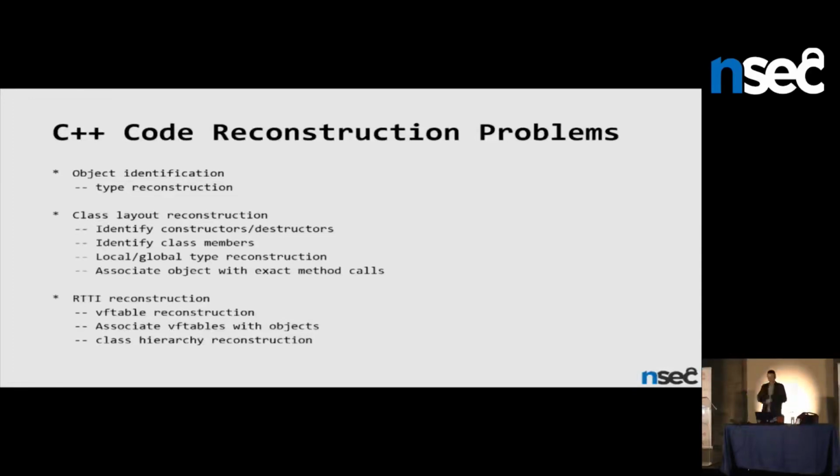And if we have information about RTTI in the binary, it is always useful to reconstruct the class hierarchy, like which interfaces and which classes this particular instance which we are analyzing is inheriting from. So this is the first part.